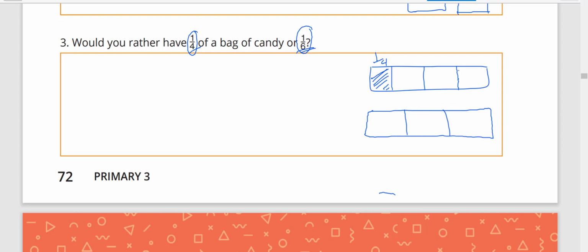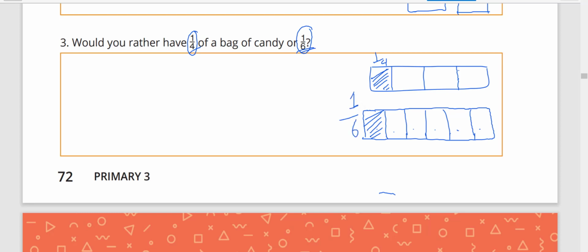Then each part is divided into halves. So now how many equal parts do we have? 1, 2, 3, 4, 5, 6. Each part is called a sixth.